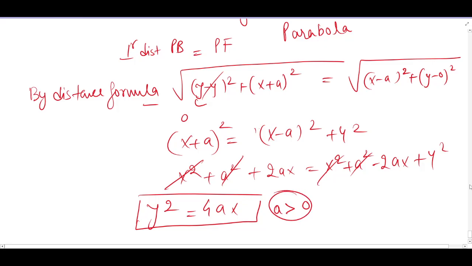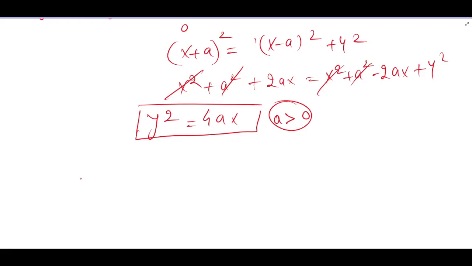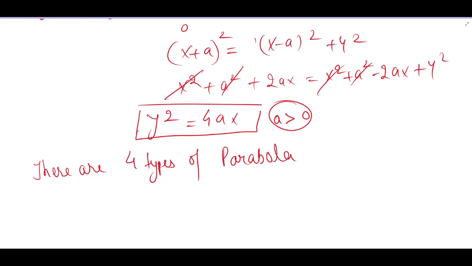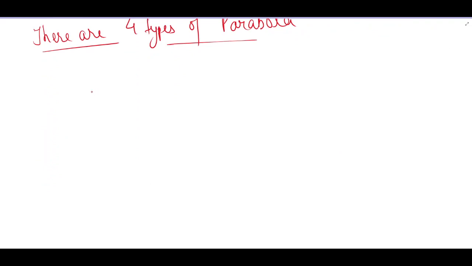So there are four types of parabola. First is x square is equal to 4ay.